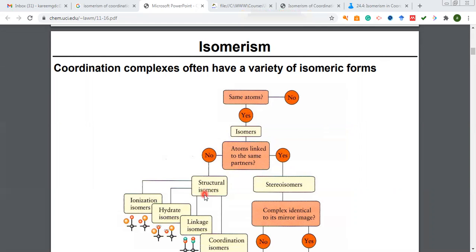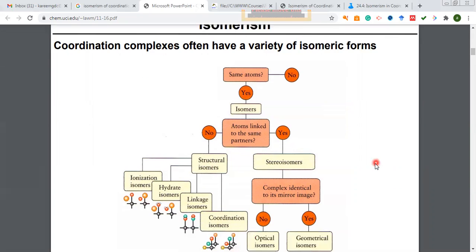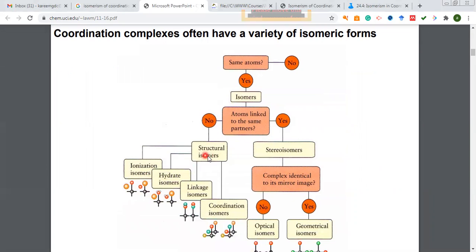On the basis of this, structural isomers are further classified into four types. Today we will discuss this topic, and it is very important. You can expect it in the examination as a short question. So what are structural isomers?